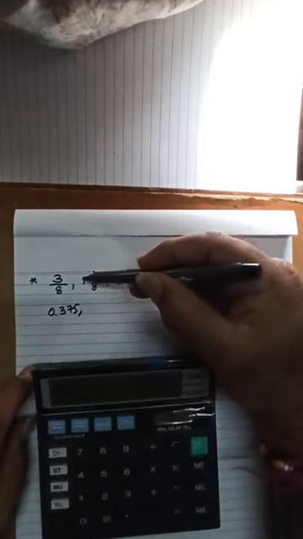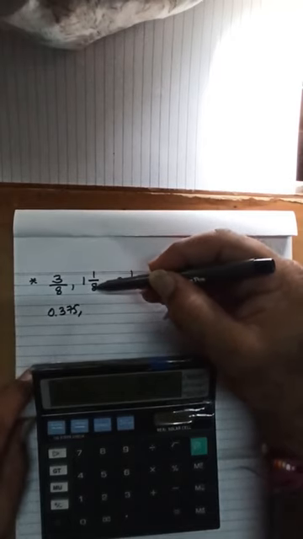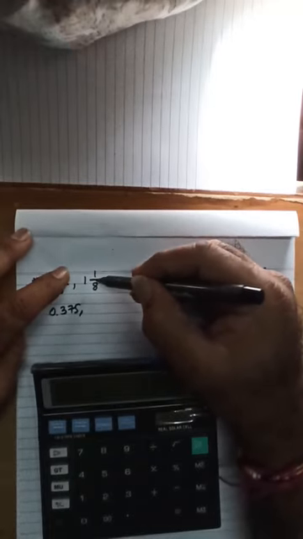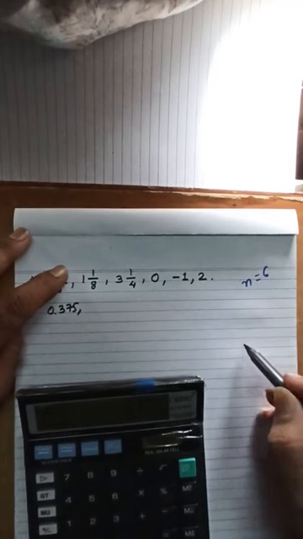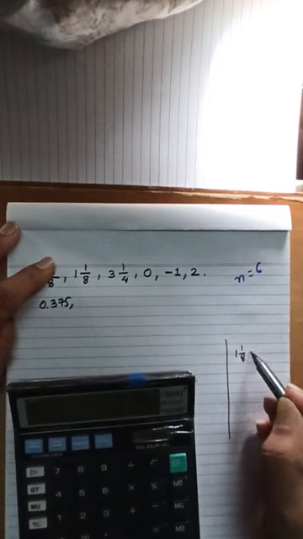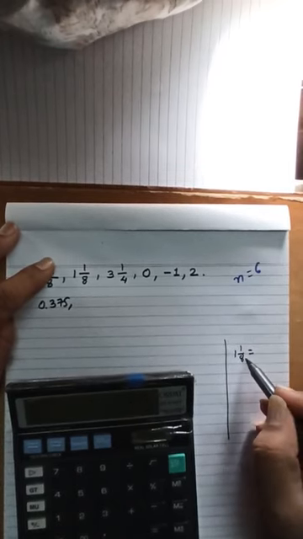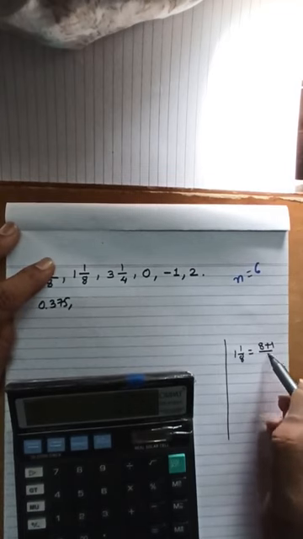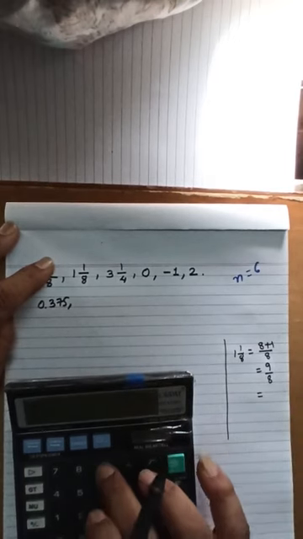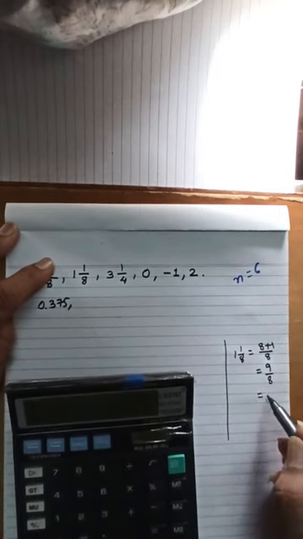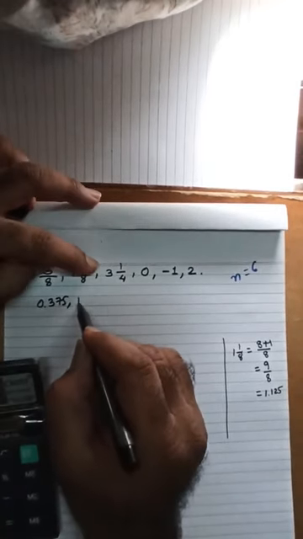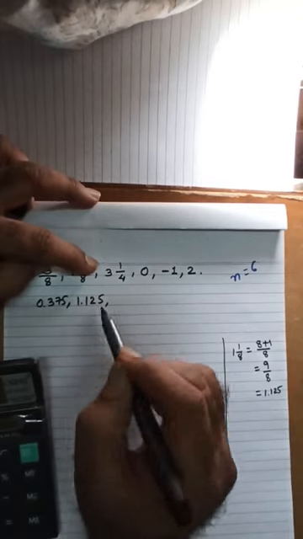So 8 into 1, 8 plus 1, 9 divided by 8, it is 9 upon 8. So 9 upon 8 is equal to 1.125. So the second value is 1.125.